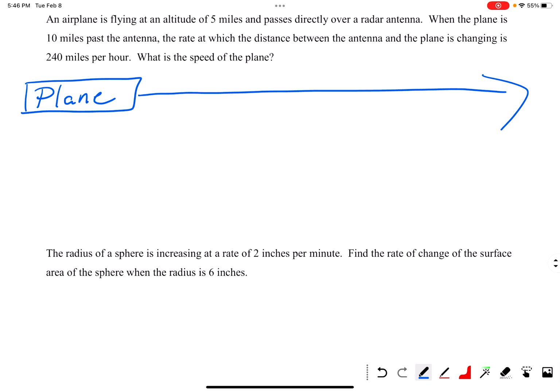When the plane is 10 miles past the antenna, all right, so what's happening there? There's some random radar antenna over here. I'm just going to put the word radar, so that way you can't tell me that's not what it is, because now it's labeled.